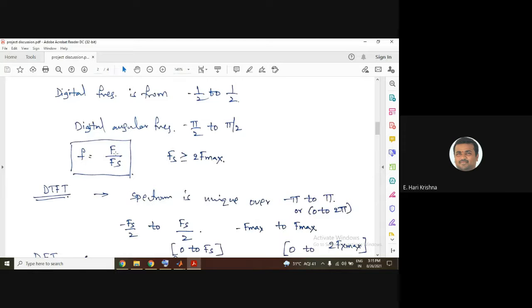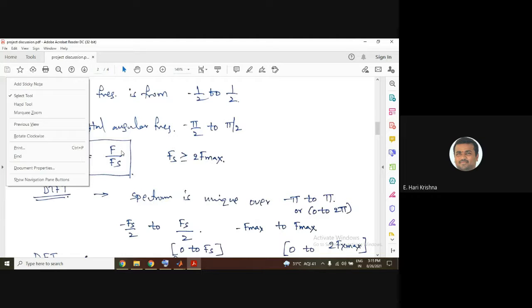Assuming maximum frequency f max, if fs is 2 f max, then f max divided by 2 f max is 1 by 2. If sampling frequency is 3 f max, f max divided by 3 f max is 1 by 3, then 1 by 4, and so on. If you take infinity, 1 by infinity will be 0.